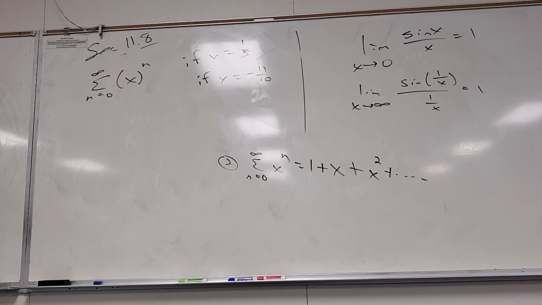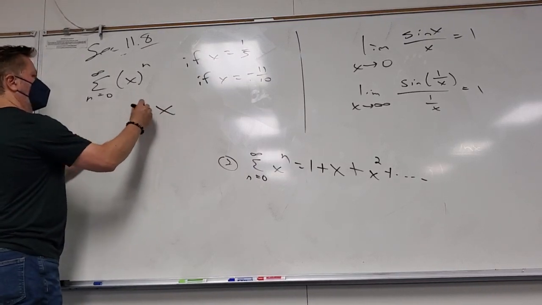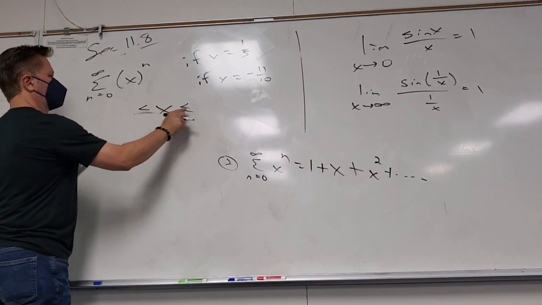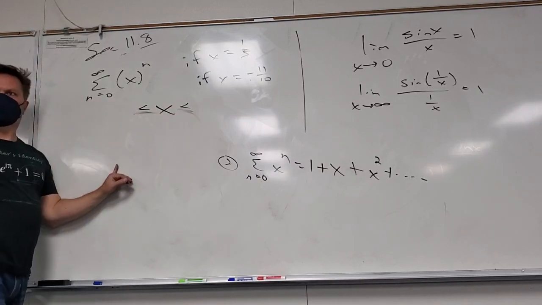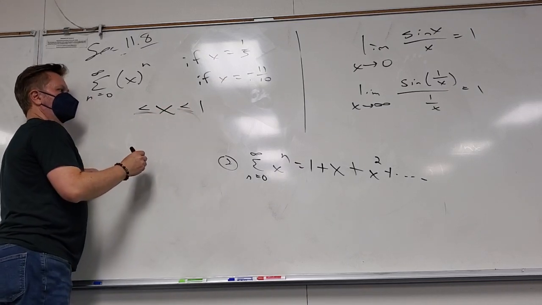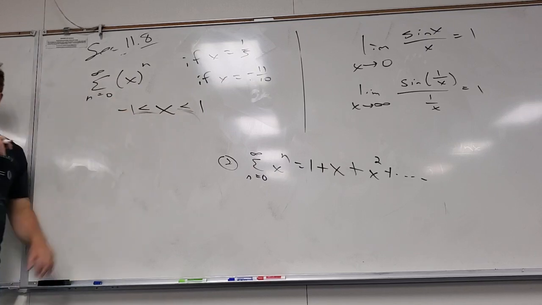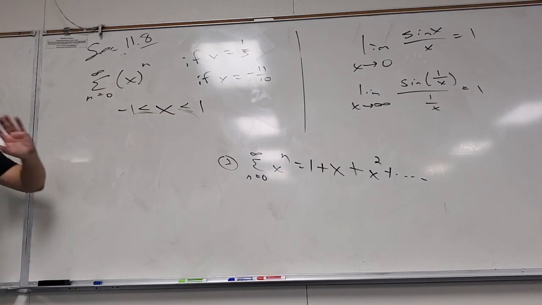So no matter what x is, it's some kind of geometric series. Can somebody please tell me what's got to be true about x? Has to be less than 1, greater than -1, right?